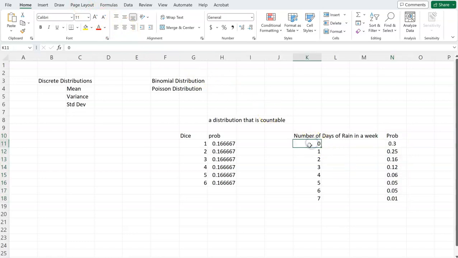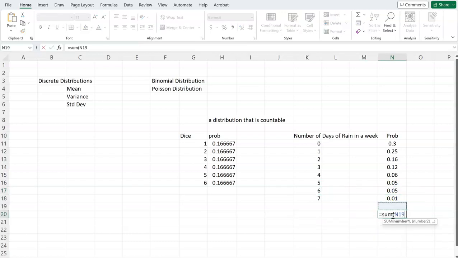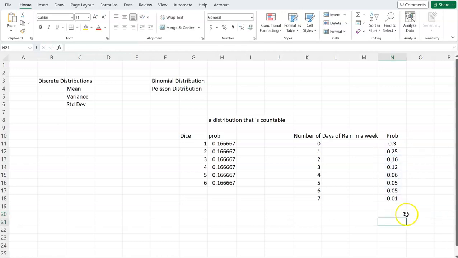So the probability of having 0 days of rain is 30%. Probability of having 6 days of rain in a week is 5%. Now, if you notice, if I add them up, they all should equal 1. So that is one good thing to check before we start our calculation.